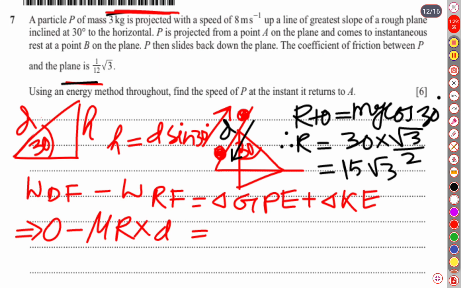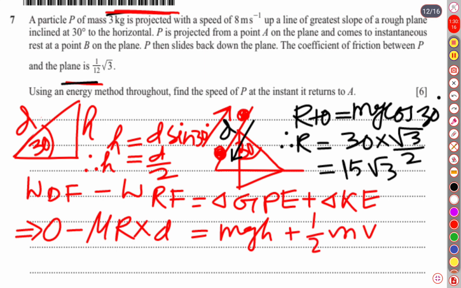Sine 30 is half, so it is d over 2. So our height is d over 2. So the change in GPE is mgh plus half of mass into final velocity minus initial velocity squared.